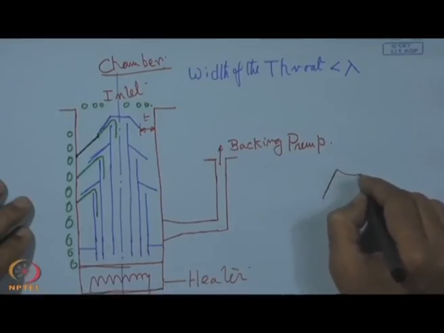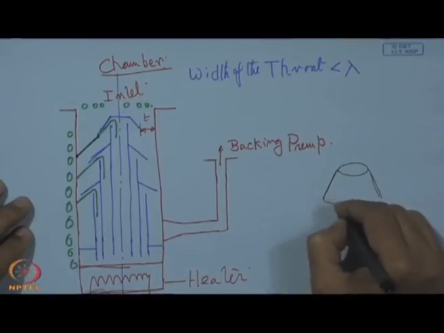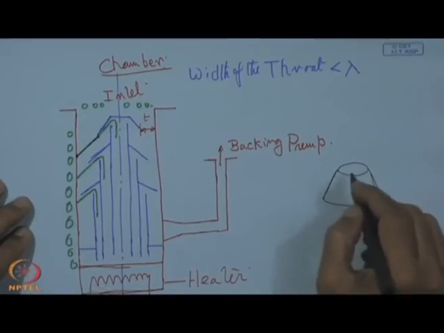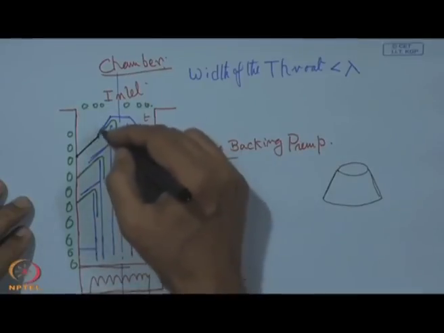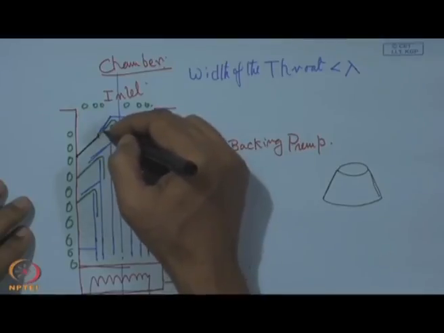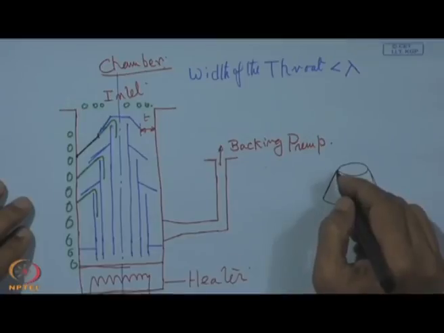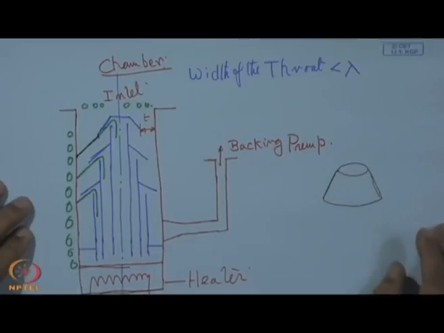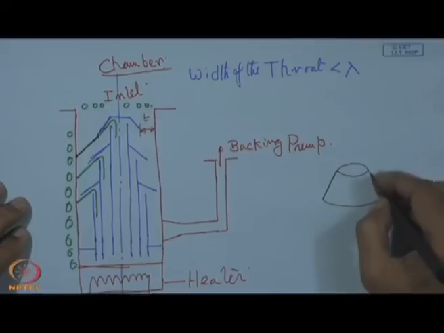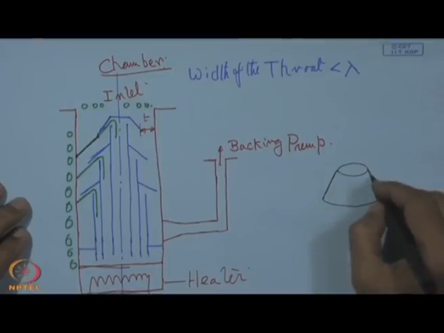Virtually it is going to be a truncated cone having this shape, and in this truncated cone the vapor stream is deflected, and it is now falling almost like making one truncated cone.